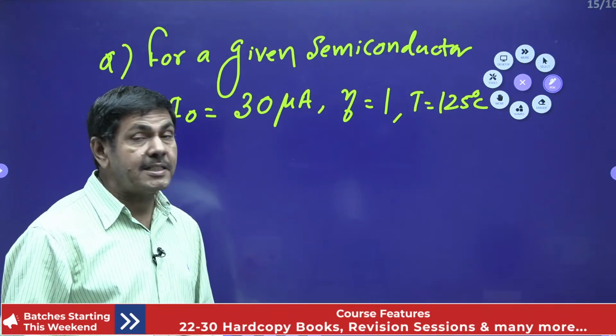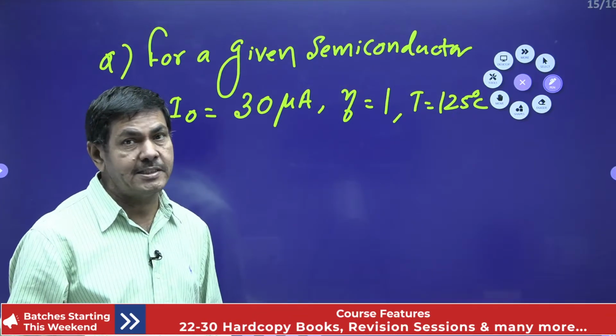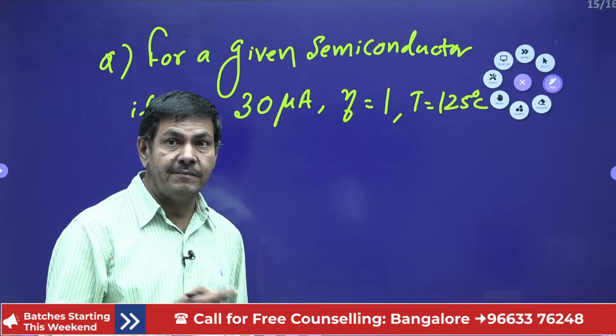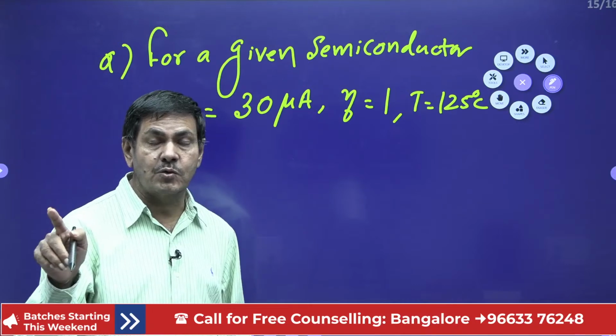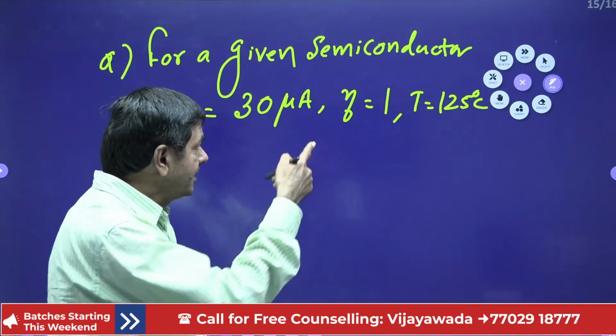When the temperature changes, the thermal equivalent of voltage Vt also changes. So you must find the Vt value for that temperature. Don't put 26 millivolts. 26 millivolts is only for room temperature, and it is not room temperature here.